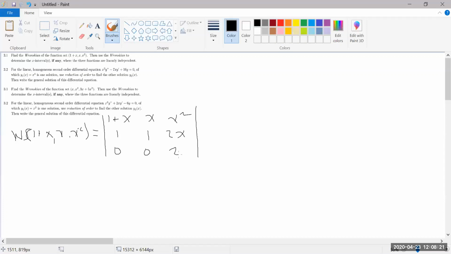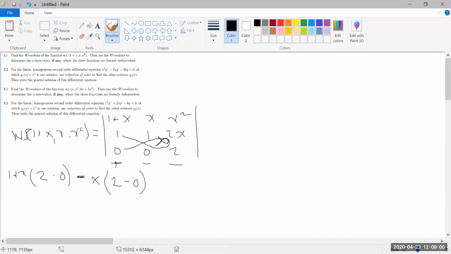So I have 1 plus x times these terms. So 2 minus 0. Okay, and then minus, because keep in mind you have to alternate your signs. So minus our x term, and that's going to be these terms, so you have 2 again minus 0.